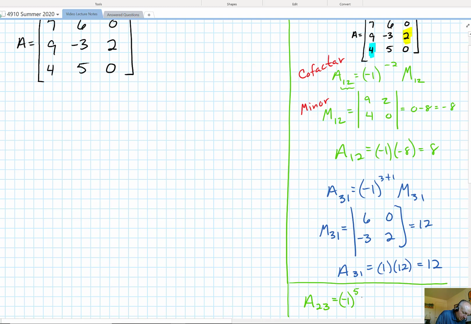So that's going to be minus 1. And then just a real quick glance, I cross out the row and the column of the entry, so I'm left with 7, 6, 4, 5. The determinant of that is going to be 35 minus 24, or 11. And so this becomes a negative 11. Okay? So every entry has a cofactor, right?